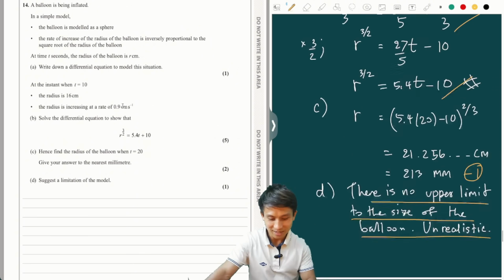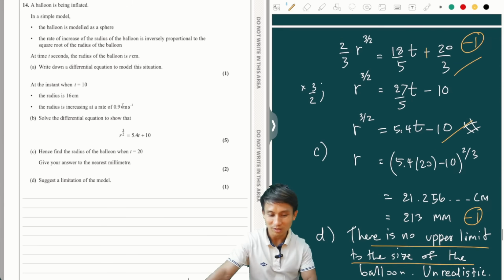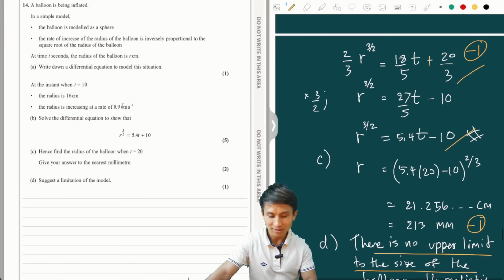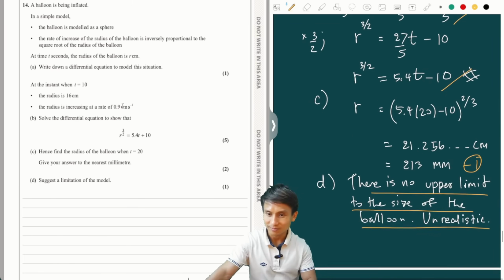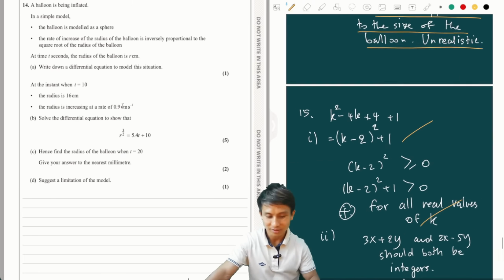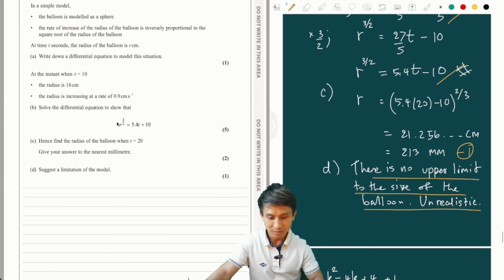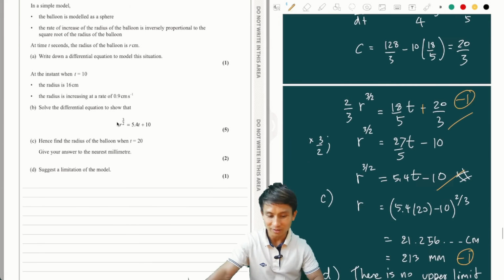A bit careless there. And that is a follow-through mark. I lost another one here because I got a wrong equation, but because I followed through, I got the method mark there. And there's no upper limit here, which is the correct answer for the rabbit. Yeah. Okay. Wait, this is the balloon, not rabbit. Sorry, this is about the balloon.